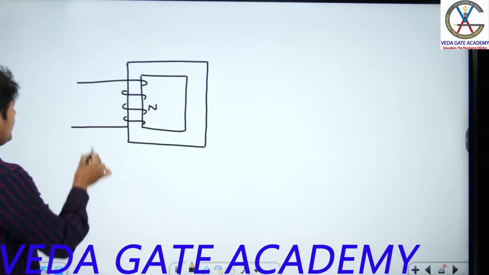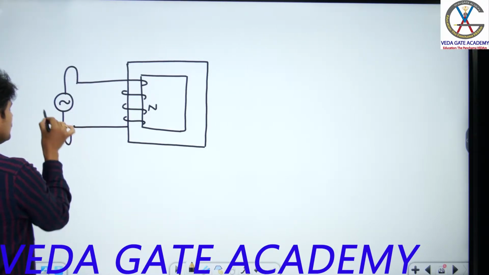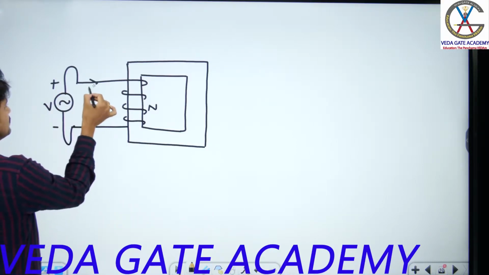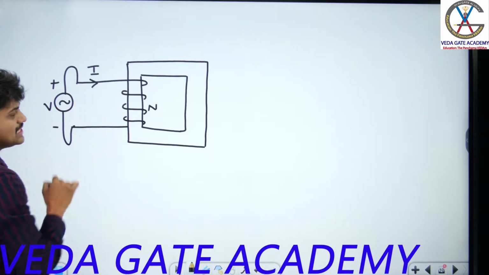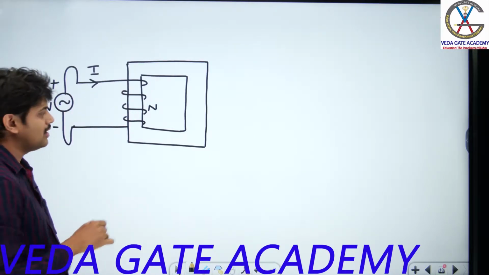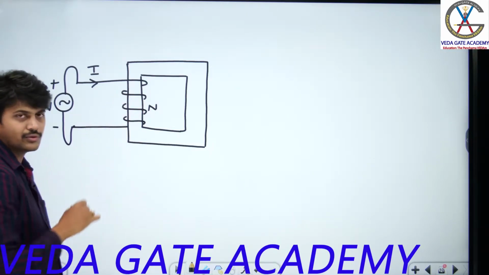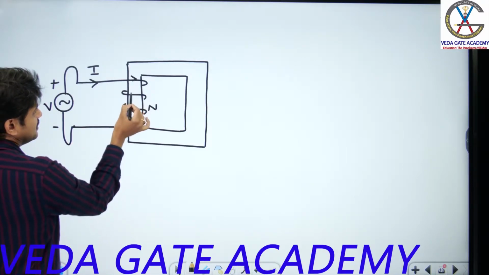Now I am going to connect this winding to an alternating voltage source. Because of this alternating voltage, the current produced is also alternating in nature, AC current. The moment this current starts flowing through the coil having n turns, according to Oersted, whenever current flows through any conductor, magnetic flux lines are produced around the conductor.